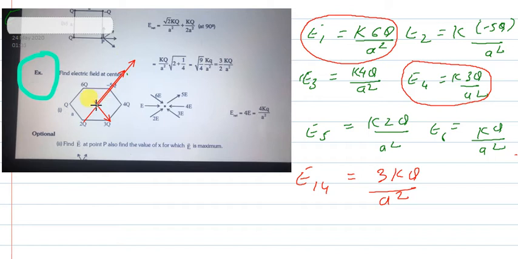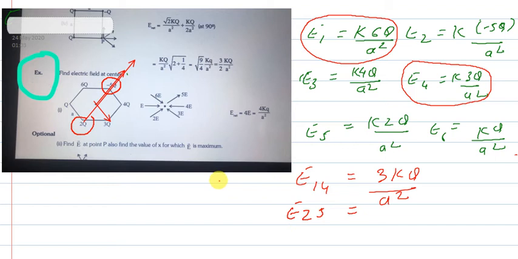Positive to negative. So negative means lines of force will come this side, and here the electric field direction will be this much. So how will we write E25? Here the electric field due to charge number 2 and 5 will be 2q minus 5q, so we will get minus 3kq upon a square.